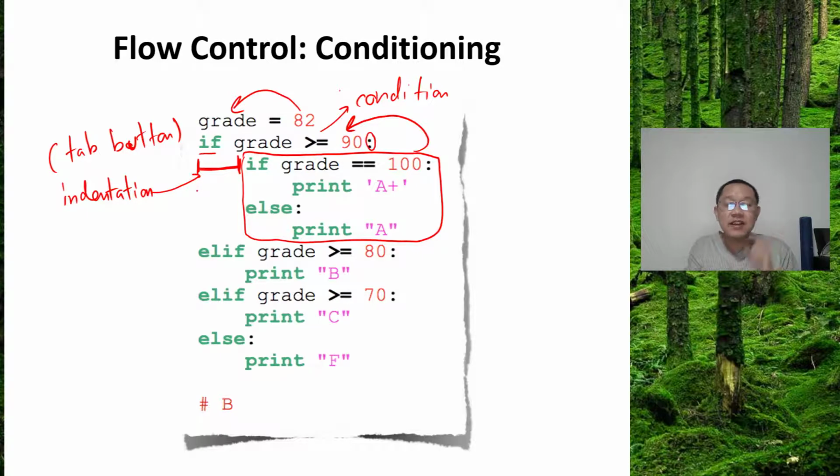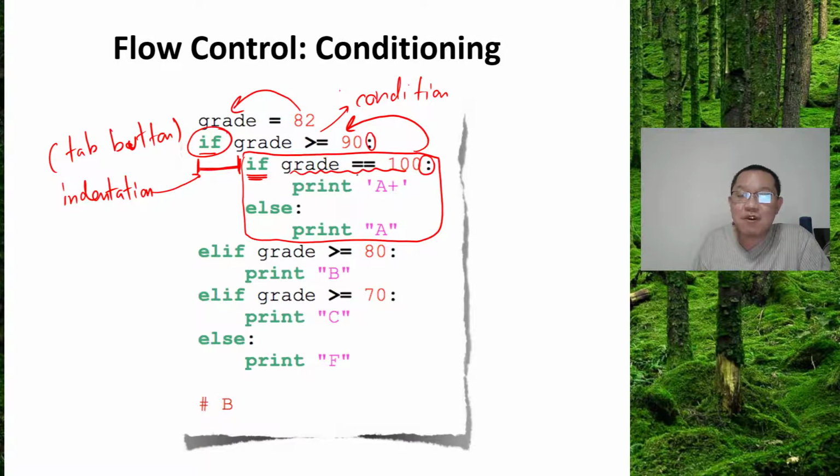The indentation in Python specifies that the code is inside a block, like this block of code has to be run under this if condition. And the next if has its condition finished with a colon.